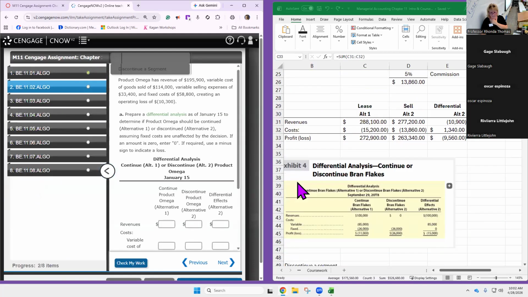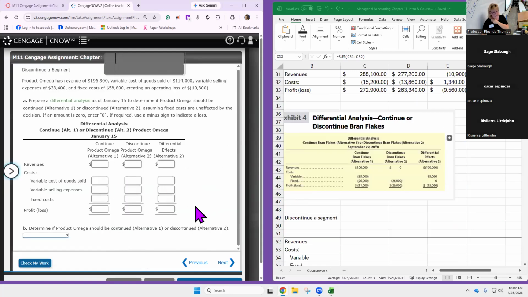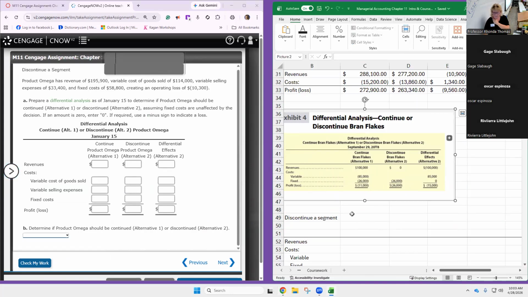All right, the next one is going to be to discontinue a segment. If we put some things together here, I wanted to show you this example. This example is a cereal maker. They're making cereal here, and they've got bran flakes. What do we got here?